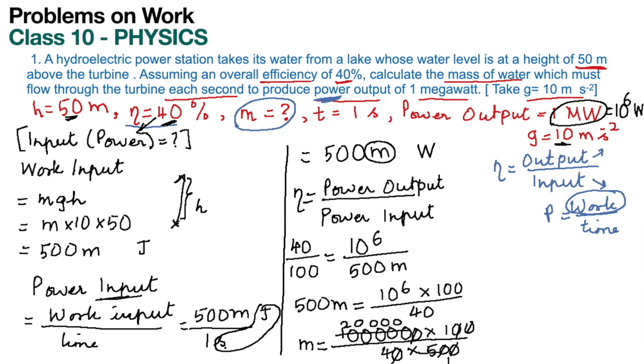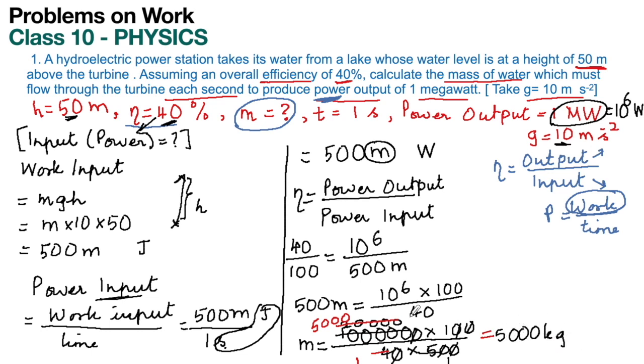Then we will have, I'll just change the color, 4 ones and 4 fives 20 and 1, 2, 3 zeros. Okay, so that gives us 5,000 kgs.